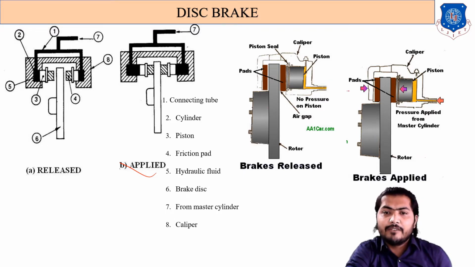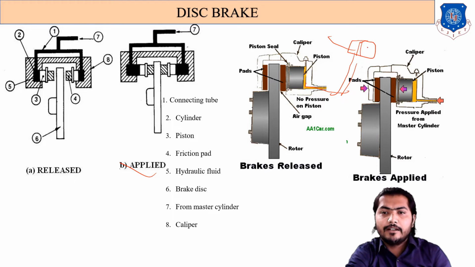What happens when the pedal is pressed is that fluid comes from the fluid cylinder, which is connected to the rear piston. Take the example of a bike with a disc brake attached.